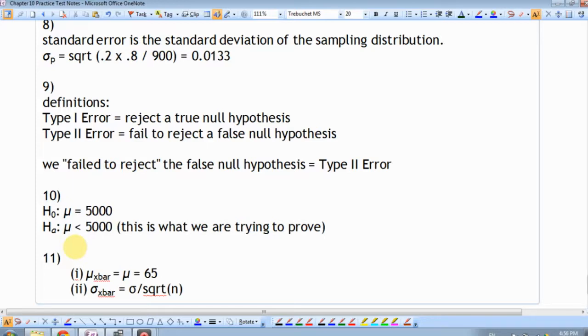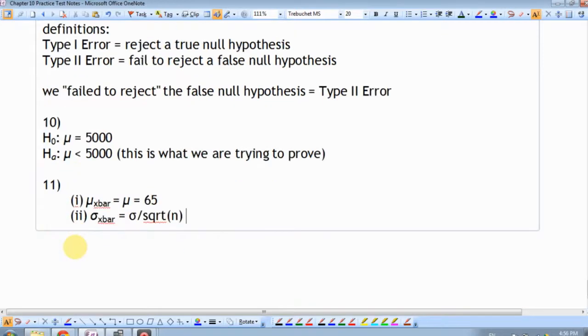Wait, how is this different from the other one? It was pi because we're using mu instead of pi. We're testing a mu now. The question's asking for mean, not proportion. Which is approximately equal to s over square root n.